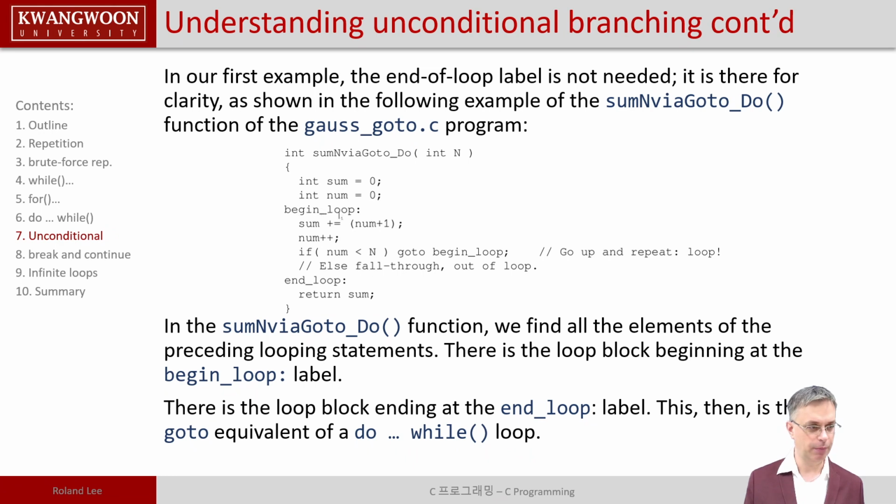I mean, that is the beginning loop label. There is a loop block ending at the end loop label. And in this example, the body of the loop block is executed exactly once before the loop condition is evaluated. This then is the goto equivalent of the do while.